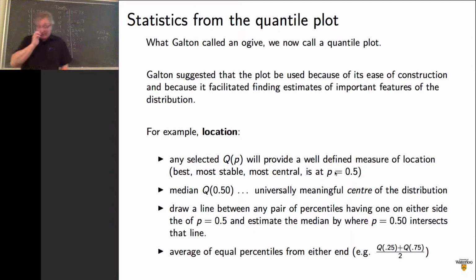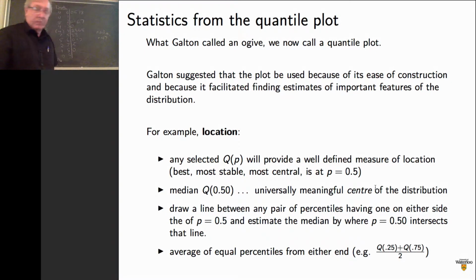What he called an ogive, we now call a quantile plot. He suggested it because it's so easy to construct. Exactly in the same way, you just order the individuals and measure them, and you can go in so many percentage points and find the value. If you want an idea of where these people are, the 50% point, you just have to find the value of the quantile at p equals 0.5.